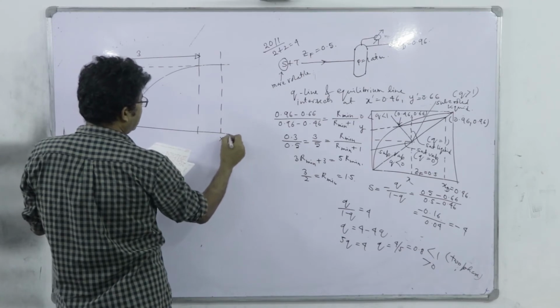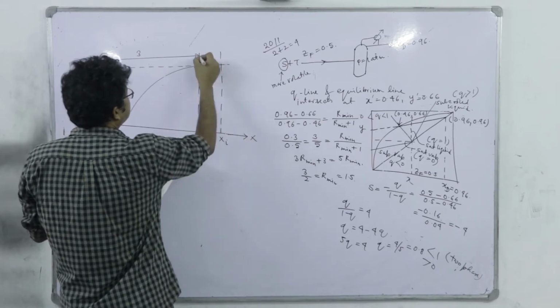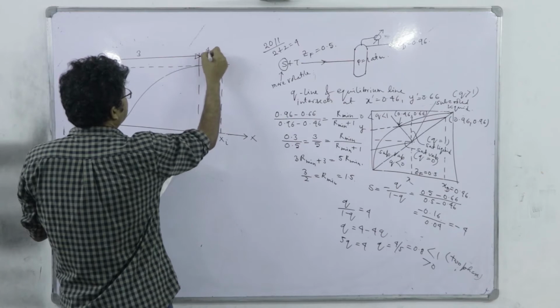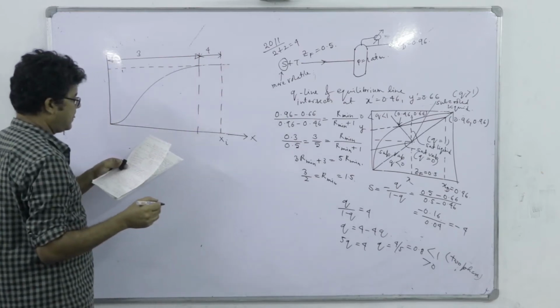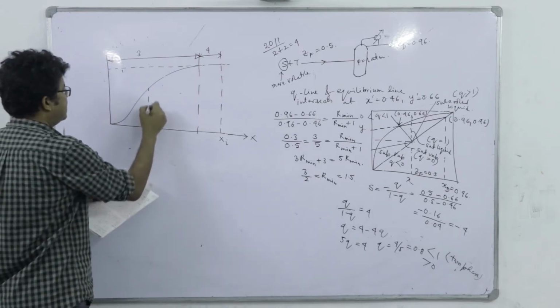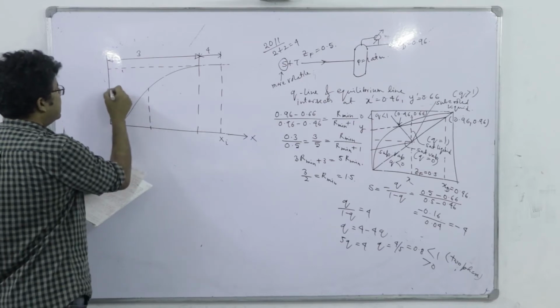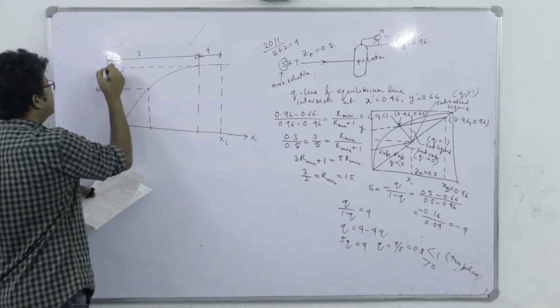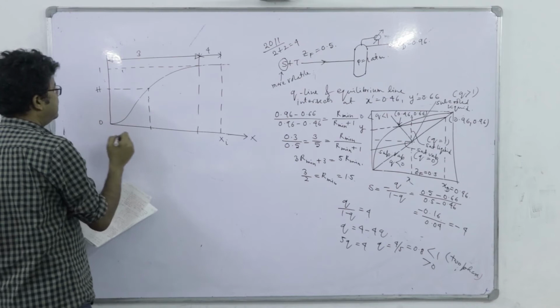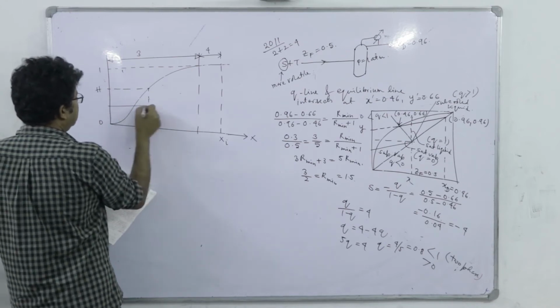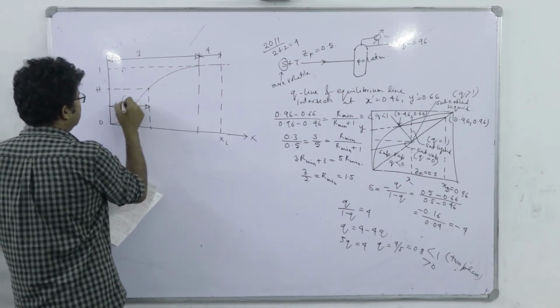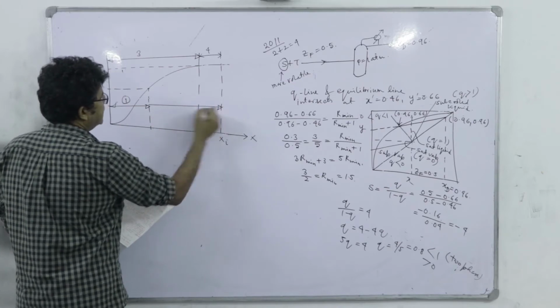Say this is xi and the curve is x, this is 4. Say h here, this is 1, this is 0 and this is 1, up to this is 2.